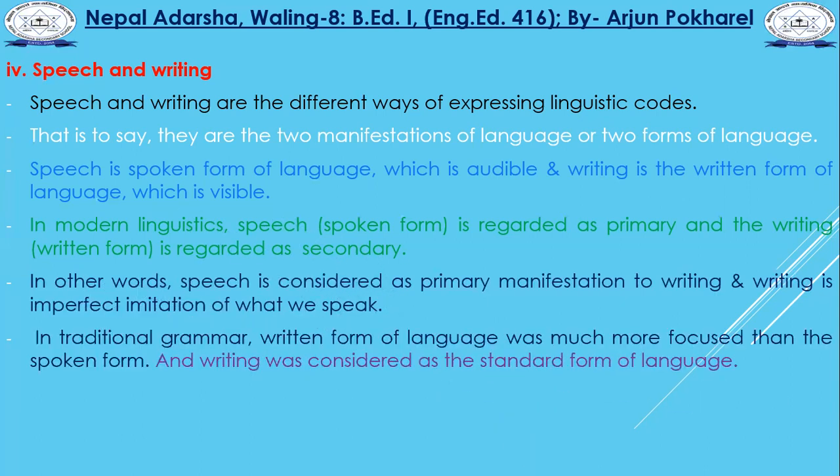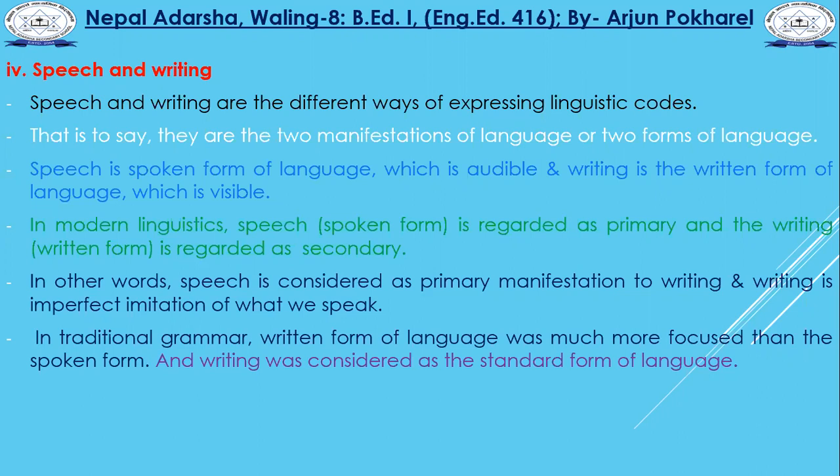And the next thing is that in traditional grammar, the written form of language was much more focused than the spoken form. In ancient times, the written form of language was much more focused. They focused on written language only.